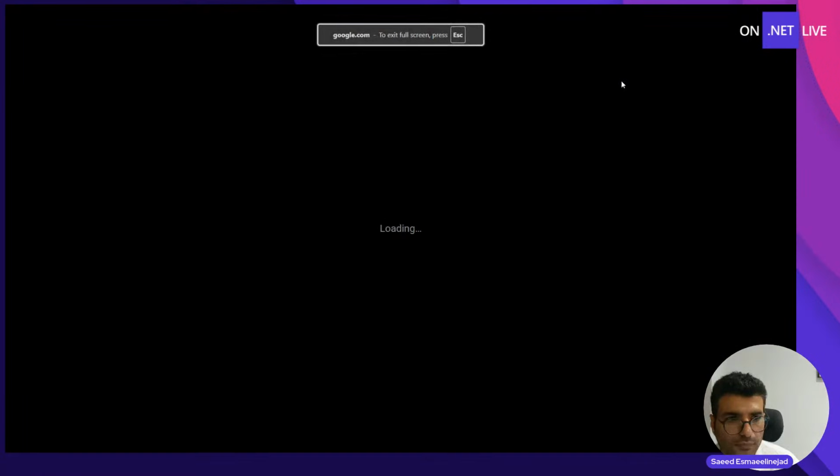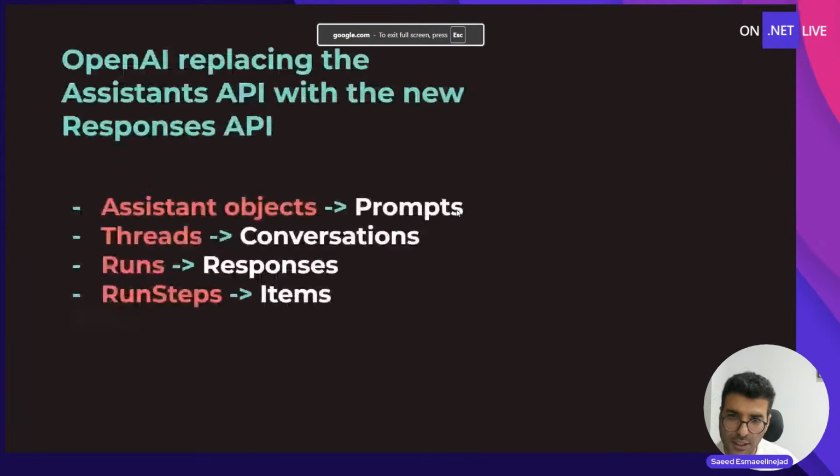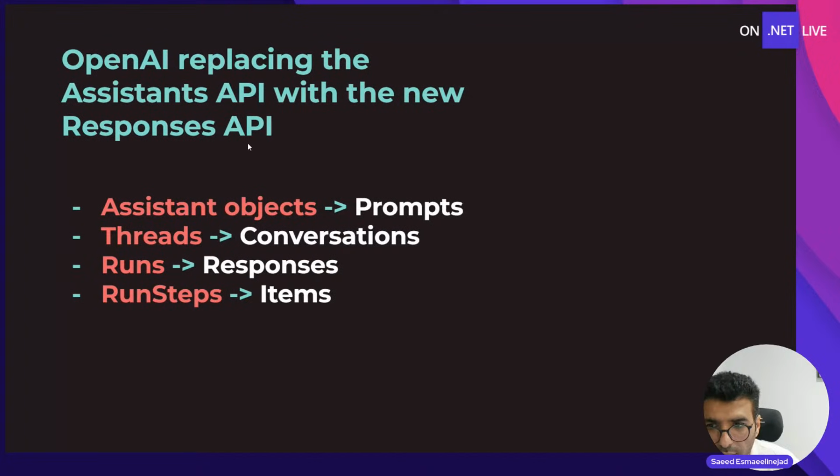Yeah, sure. All right. So just quickly, I have one slide about the responses API. OpenAI is replacing the assistant with their new responses API. They are changing things, but the stateful behavior still remains true for the responses versus the assistant, and there are also some flexibilities for the responses.